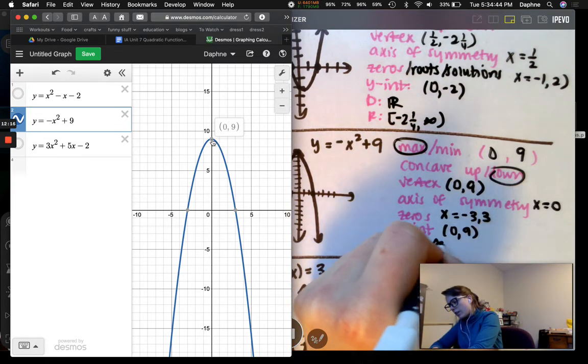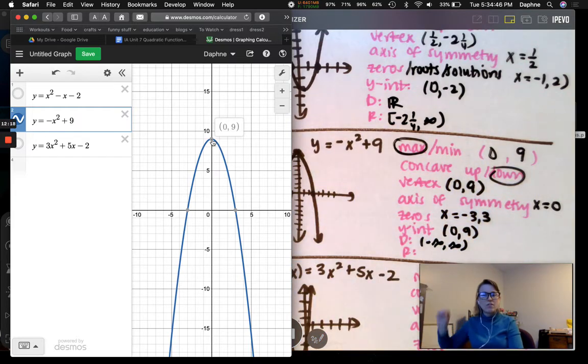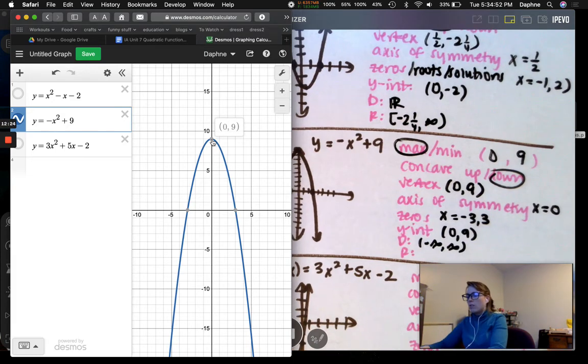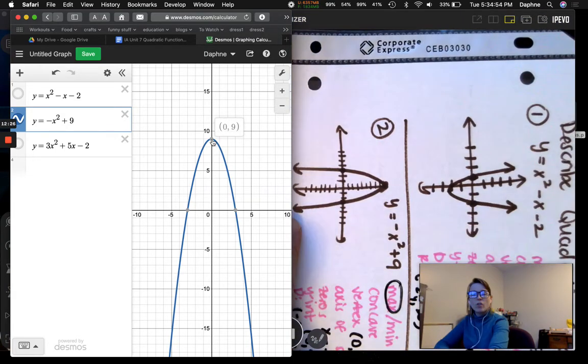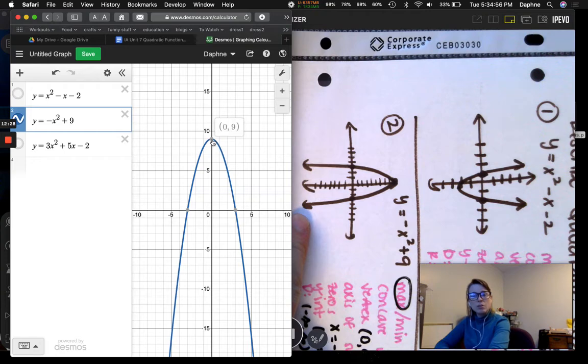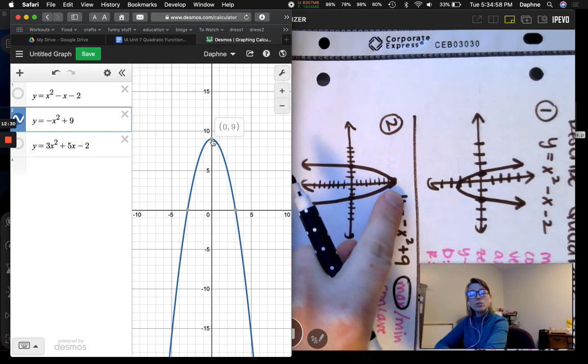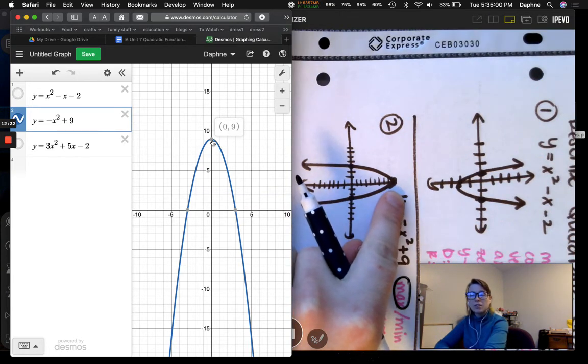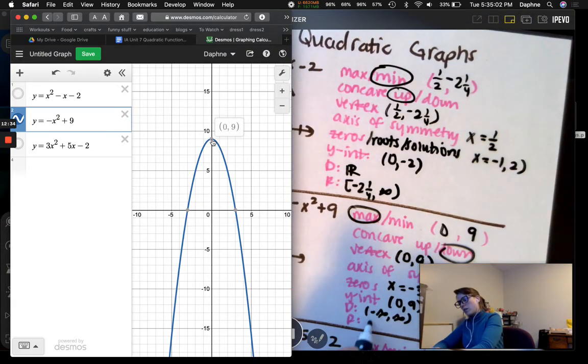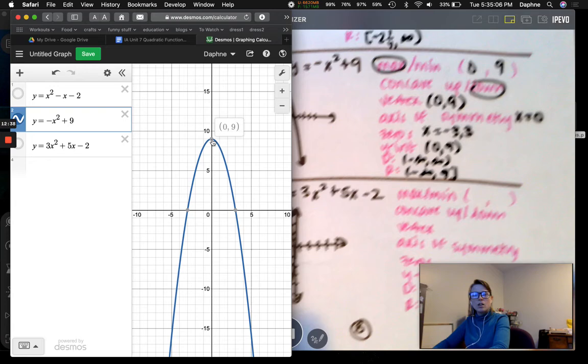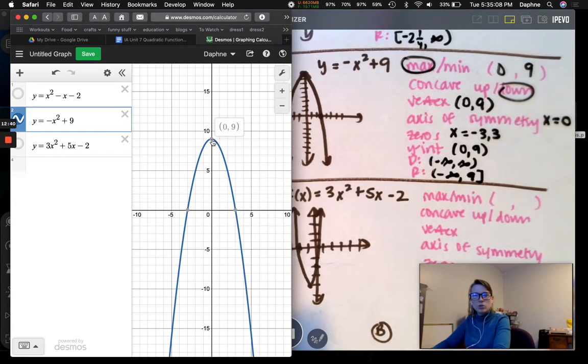So you could write this also like that, -infinity to +infinity, or the fancy R for all reals. The range, if I rotate my paper, I go from -infinity as the smallest value of y up to and including 9 as the highest value of y. So I'm going to have -infinity up to 9 inclusive. So this is example 2.